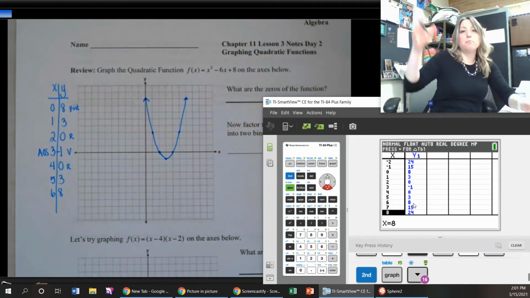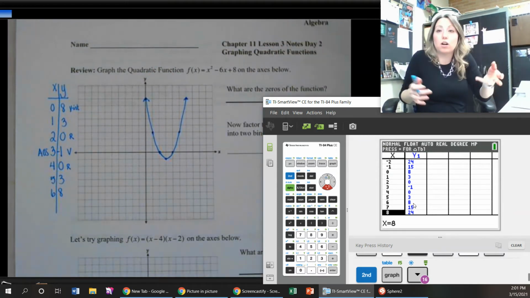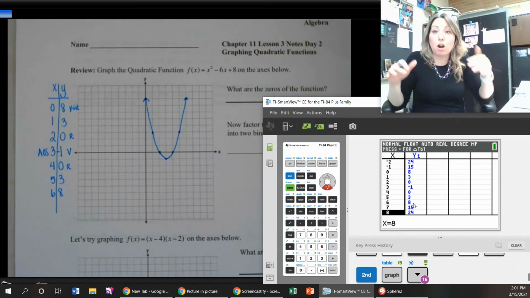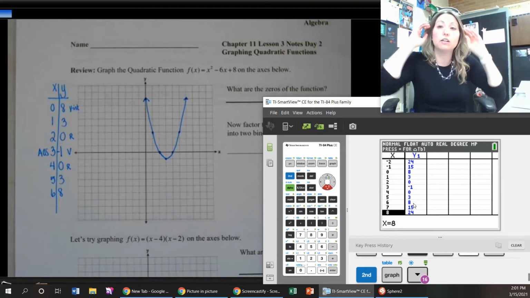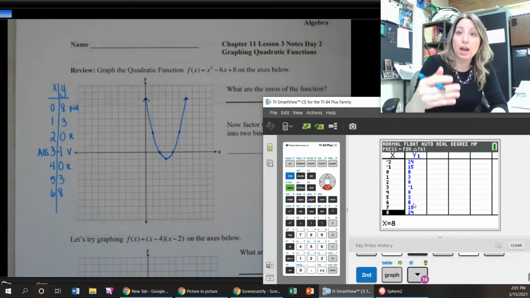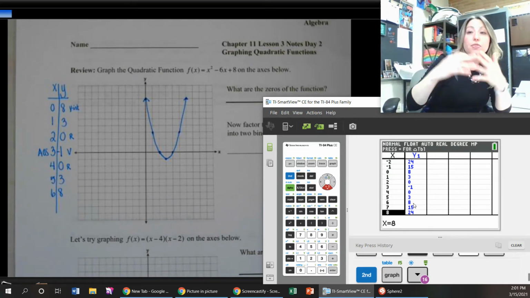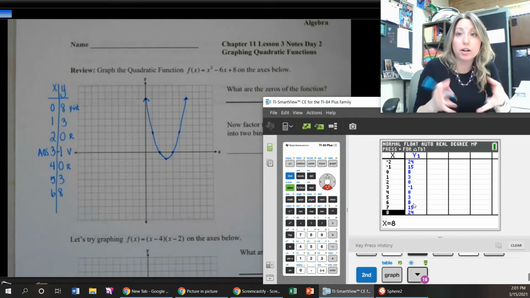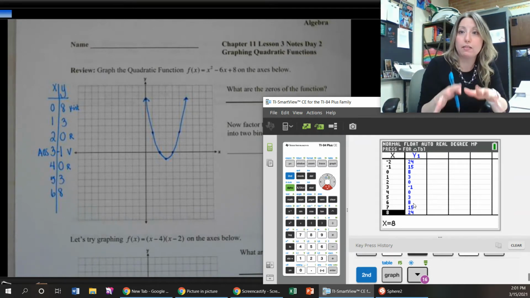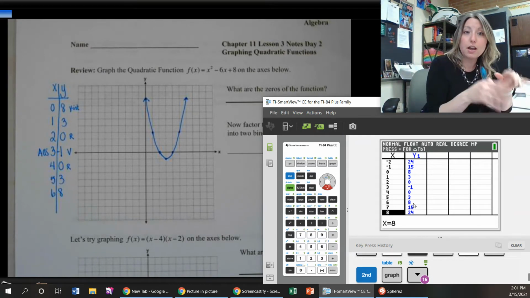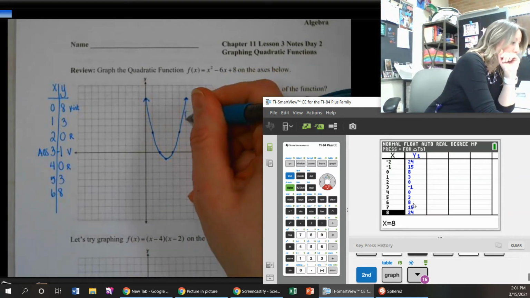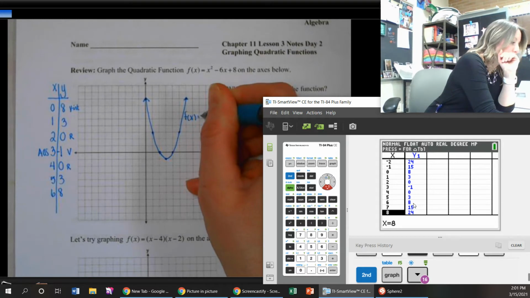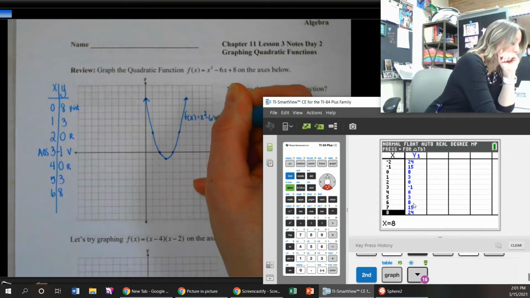We don't want to try and pull our quadratic function up further. We don't want to guess where that next point, that negative 115, should be, because if we guess wrong and we connect wrong, then our parabola is wrong, and we don't want to do that. So we just stop at that last point that actually fits, and we put our arrows there and label f of x equals x squared minus 6x plus 8.